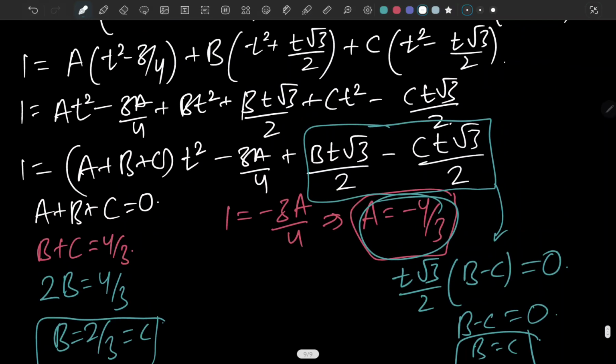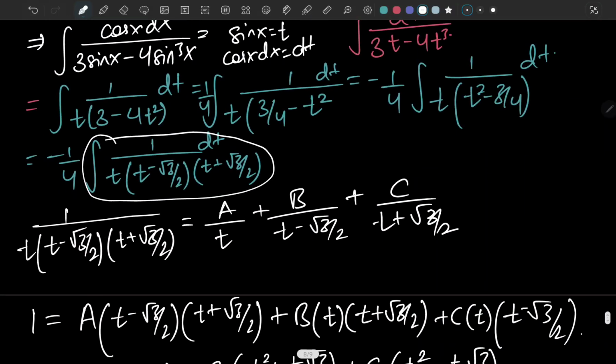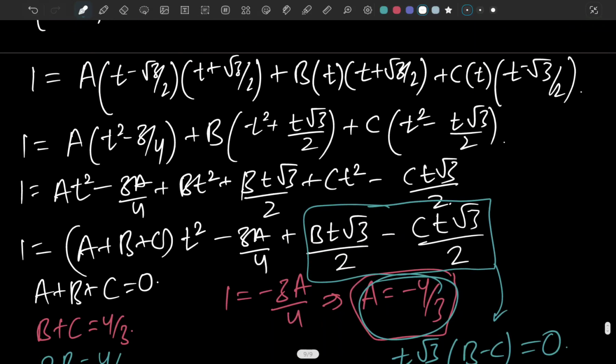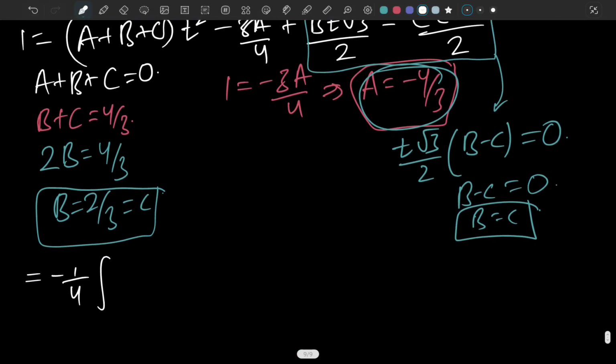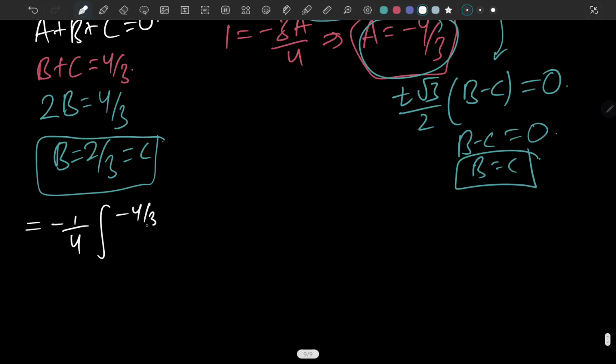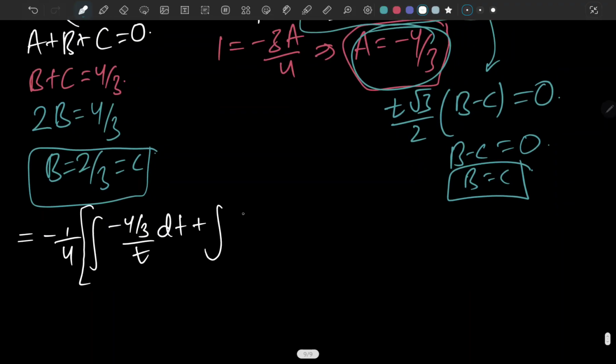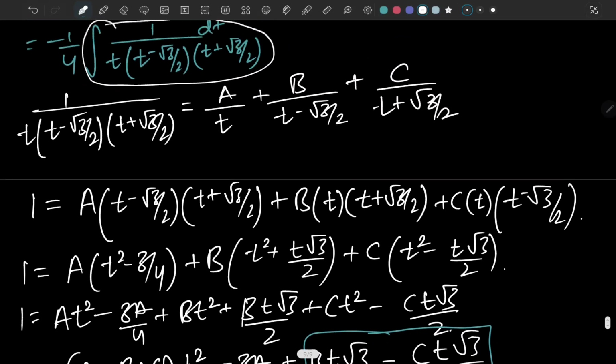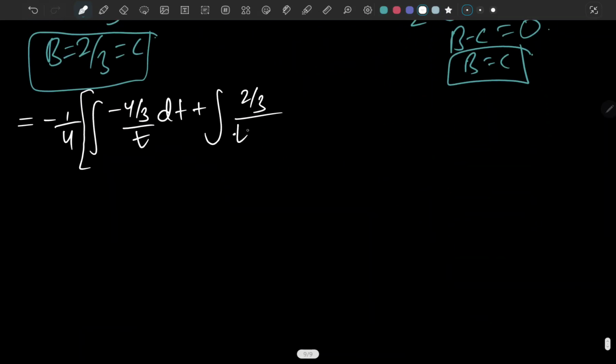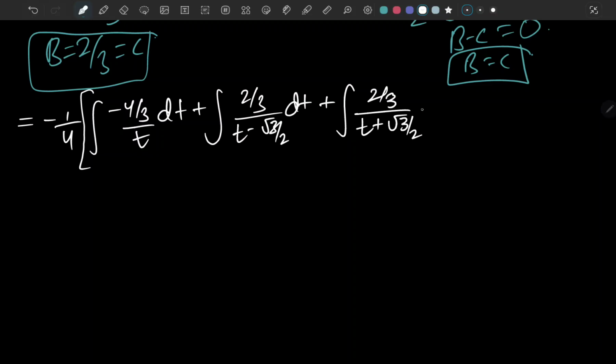So integral, a was negative 4 over 3 over t. So negative 4 over 3 over t dt, I think I should use a big bracket here, plus b was 2 over 3, and that was t minus square root of 3 over 2 dt, and then plus the 2 over 3 over t plus square root of 3 over 2 dt, right?